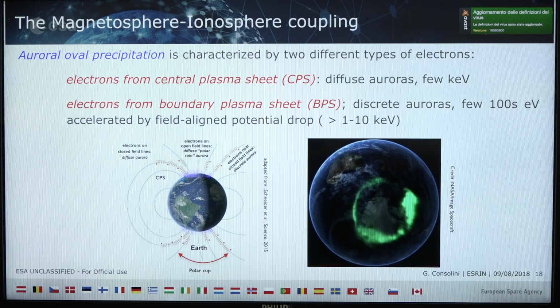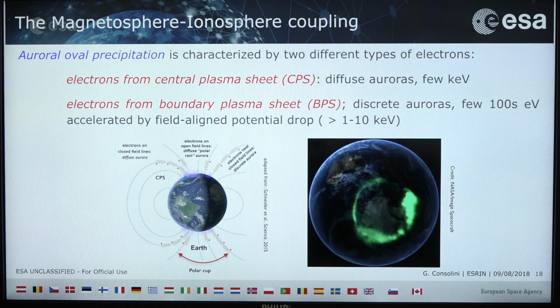They are then accelerated by electric fields that are aligned to the magnetic field lines in the auroral regions. Here you can see a very simple sketch. You have the central plasma sheet region connected by magnetic field lines, and particles can move around this.